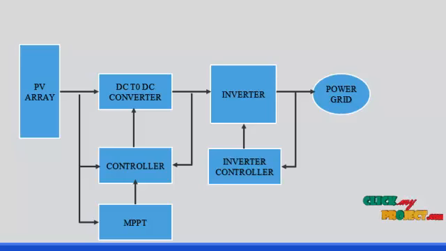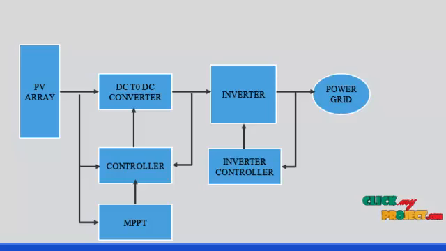Here the DC to DC converter switches, the IGBT switches, are triggered by using the sliding mode controller. Here the PV voltage and current are fed into the MPPT technique. Here any kind of algorithm can be used; we are using the P&O and incremental conductance algorithms. The output duty ratio is fed into the sliding mode controller.